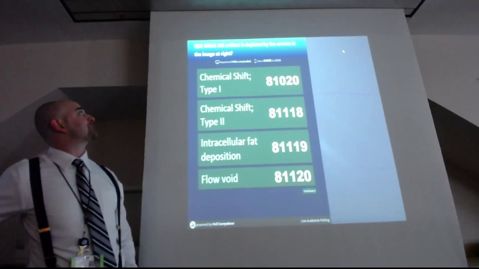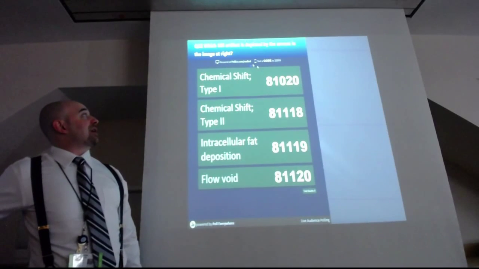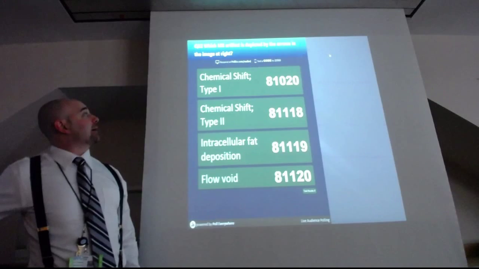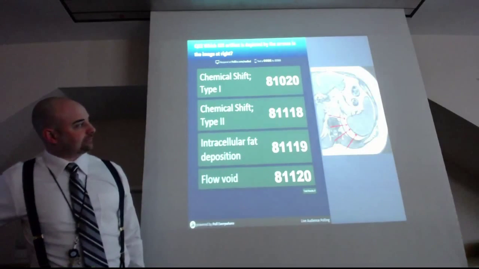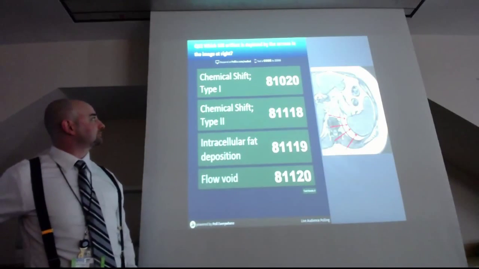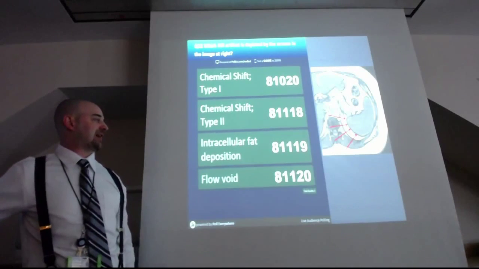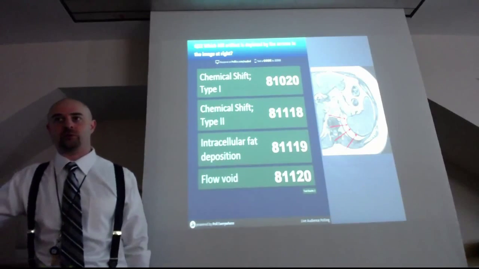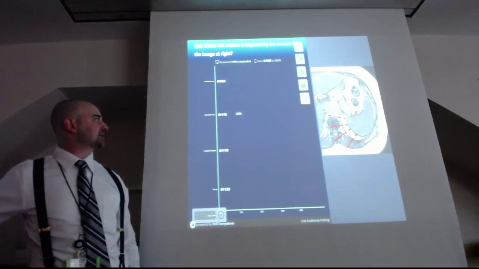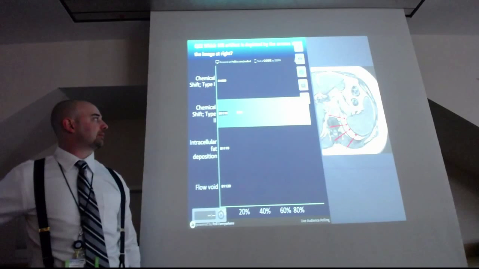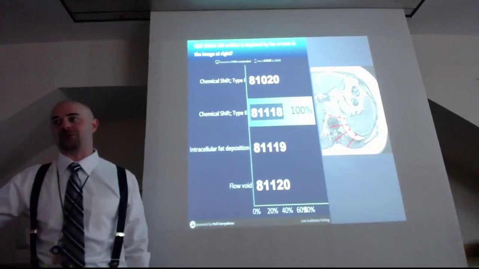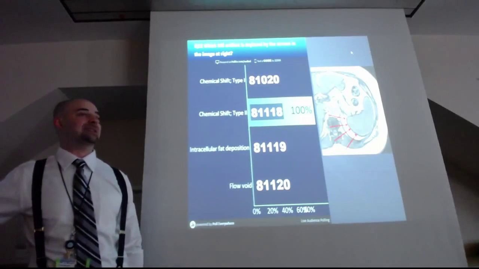Okay. Which MR artifact is depicted by the arrows in the image at right? Is it chemical shift type 1, chemical shift type 2, intracellular fat deposition, or a flow void? What you guys said? Bada boom, very nice, 100%, yes. So this is chemical shift type 2. This is the India ink artifact.